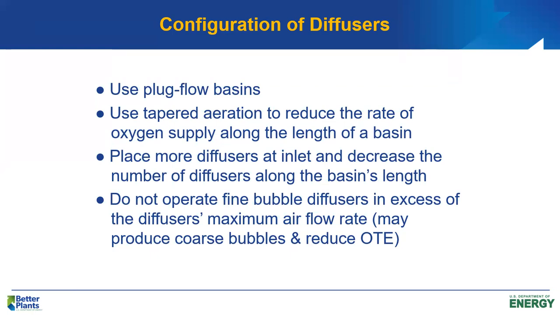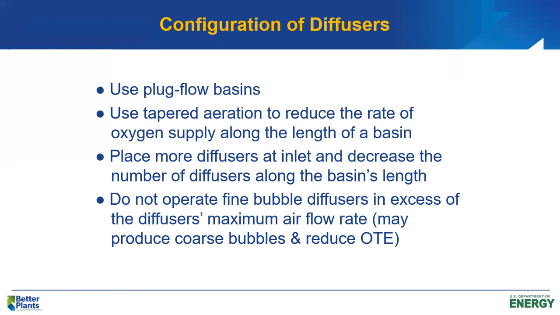And we have porous diffusers and we have non-porous diffusers. The old terminology, when we said porous diffusers, would say fine bubble diffusers. And then non-porous is comparable to saying coarse bubble diffusers.